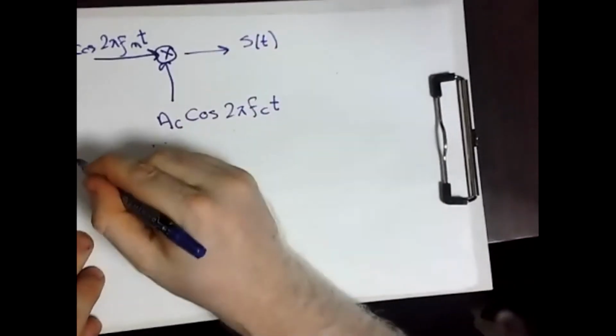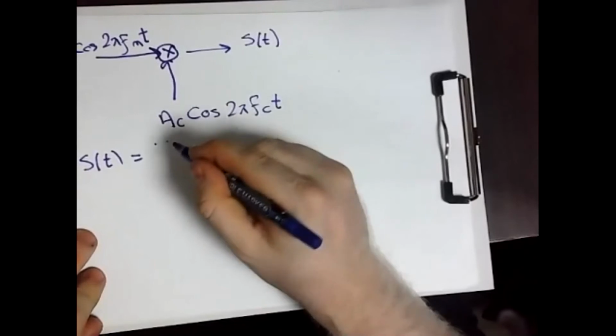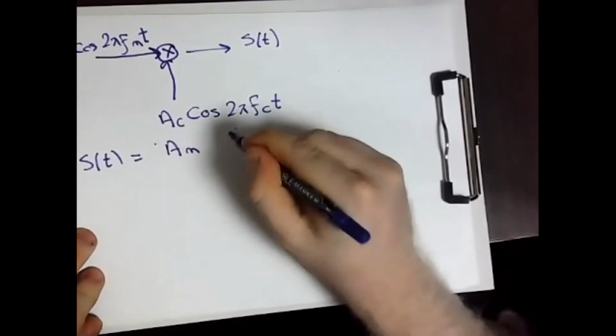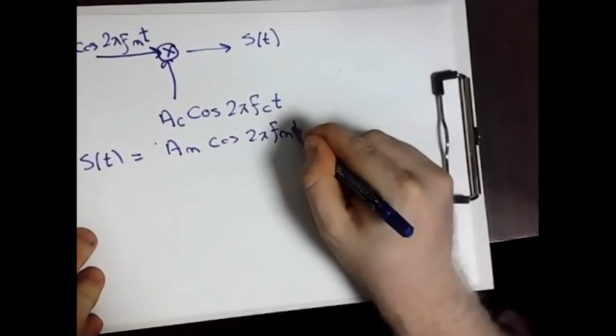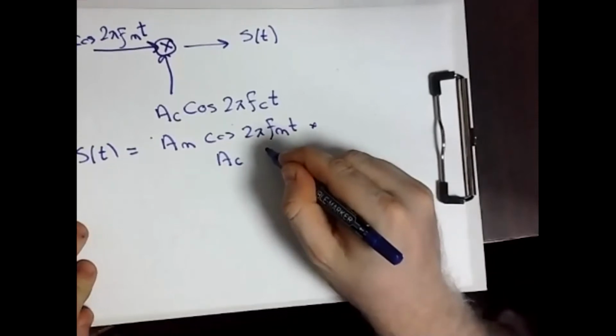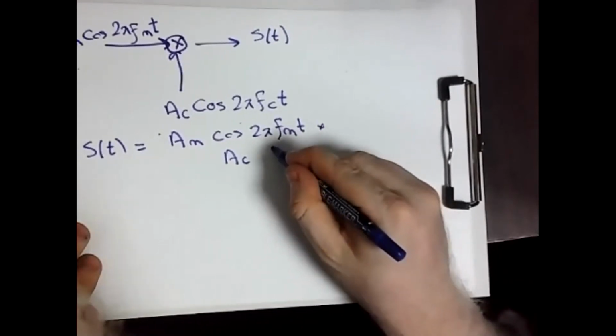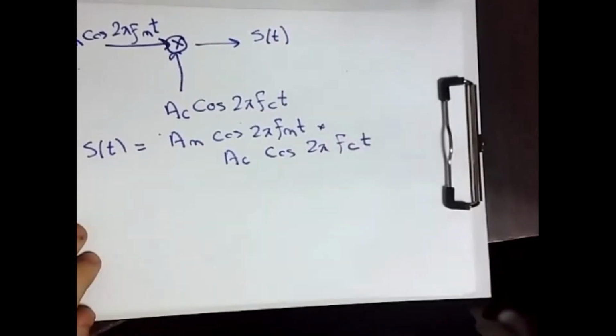So simply, S of t is the multiplication of AM cosine 2 pi FM t times AC cosine 2 pi FC t.